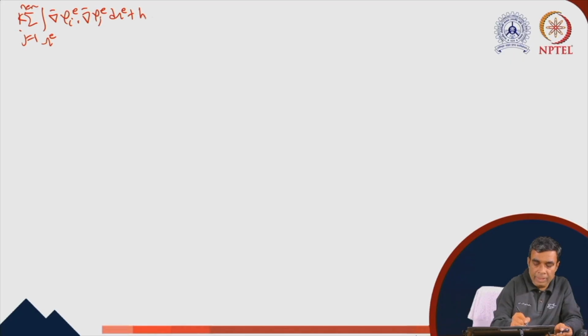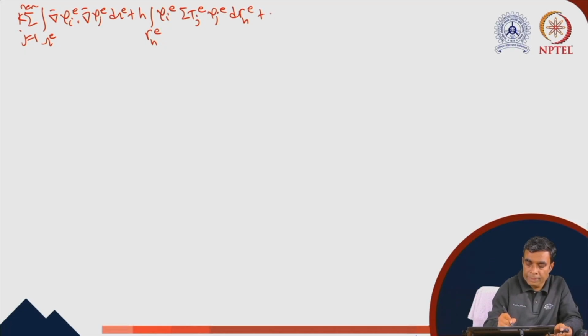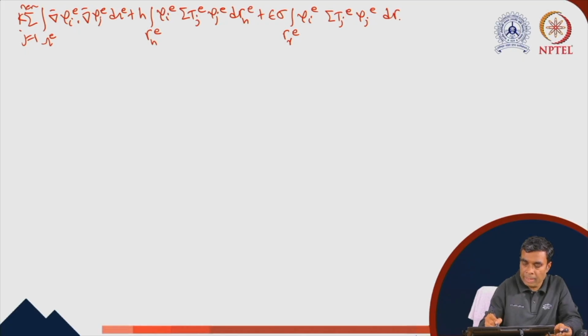It comes as h into integration over gamma he of psi ie summation of tje psi je d gamma he plus epsilon sigma integration of gamma radiation e psi ie into summation of tje psi je d gamma re. Here j belongs to gamma re.